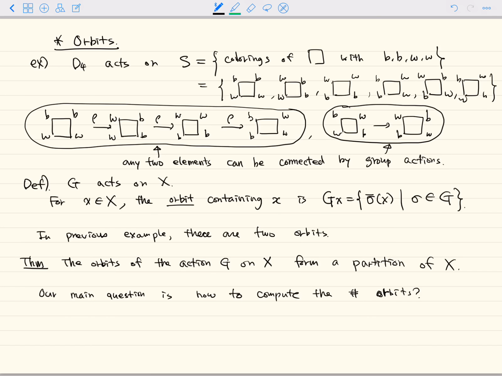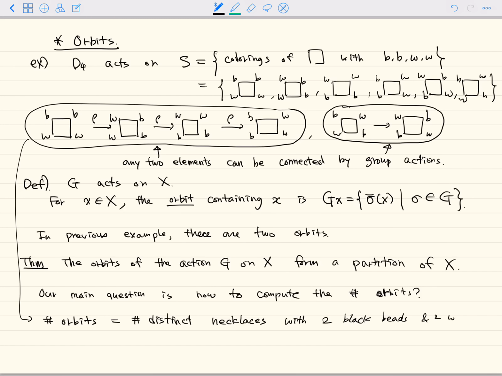In the previous example, the number of orbits is equal to the number of distinct necklaces with 2 black beads and 2 white beads.